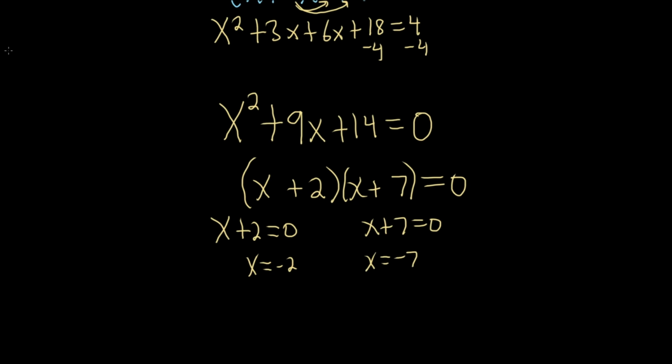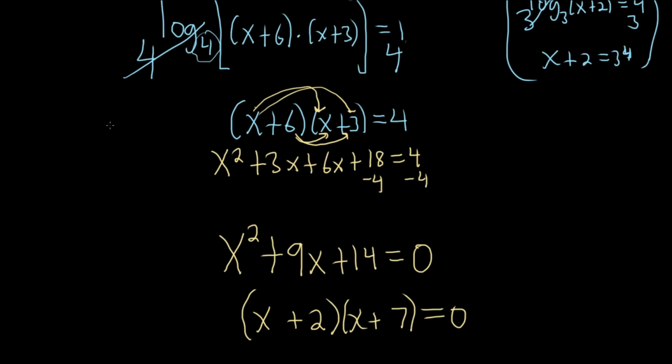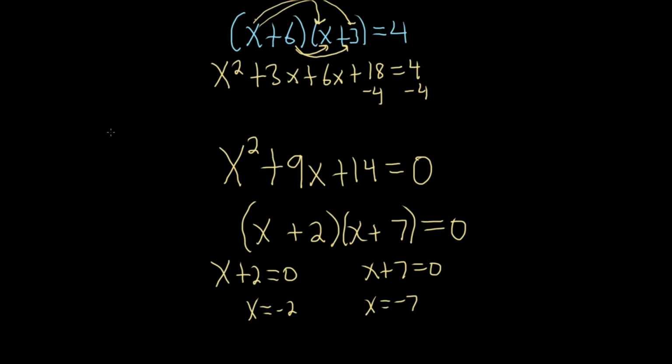Whenever you have an equation with logs, you should always check your answers. So let's go ahead and write down the original problem again. It was log base 4 of x plus 6 plus log base 4 of x plus 3, and we said it was equal to 1. So let's plug everything in to check.